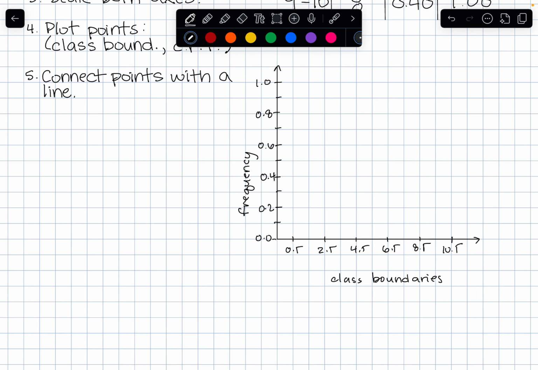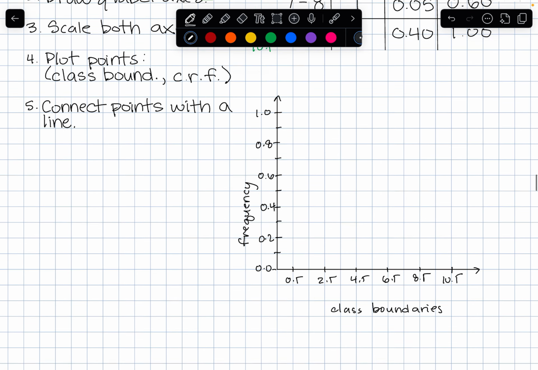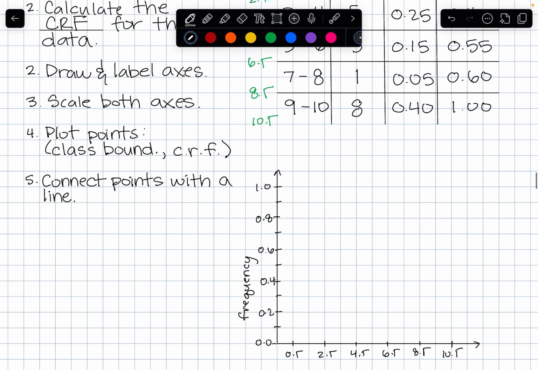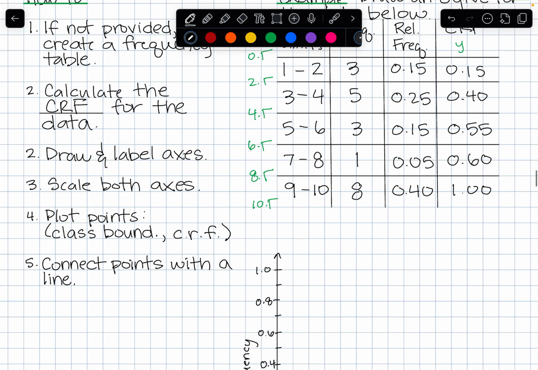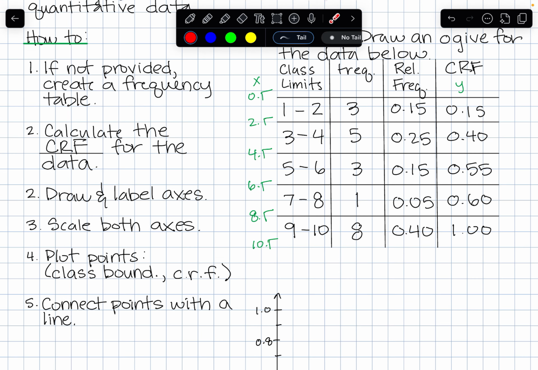Sorry for the noise, the joy of living in an apartment complex. The next step, now that we have a scale on our axes, is we're going to plot the points for boundaries versus cumulative relative frequency. And the cumulative relative frequency is the amount of data or percent of data less than that boundary.